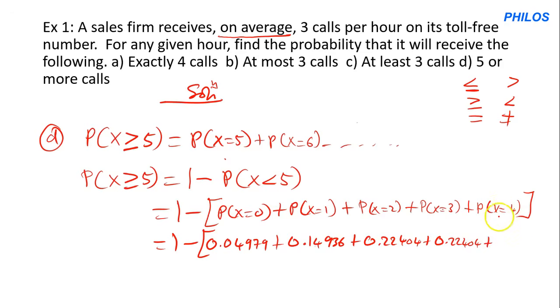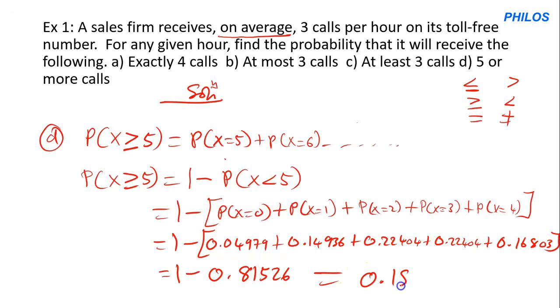Plus, from question A, we got a probability that X is exactly 4 to be 0.16803. So this will give us 1 minus, when you add everything in the bracket, you're going to get 0.81526. So 1 minus 0.81526 will give us 0.18474. So the correct answer for question D is 0.18474. So let's proceed to the next question.